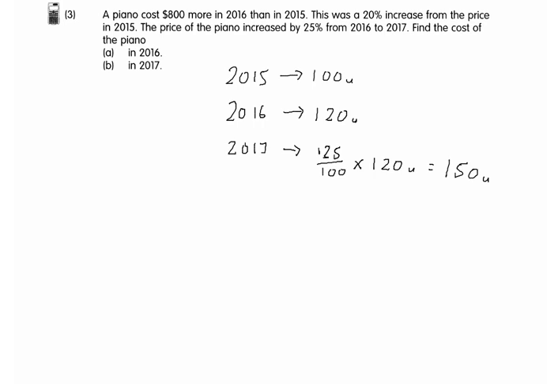Because you know that 120, let's look at here. This one is considered 100%, right? So I want to find the 1%. I'll use 120U divided by 100, right? But then I need to find the 125% because 2017 is 125%, right? So I need to multiply by 125.